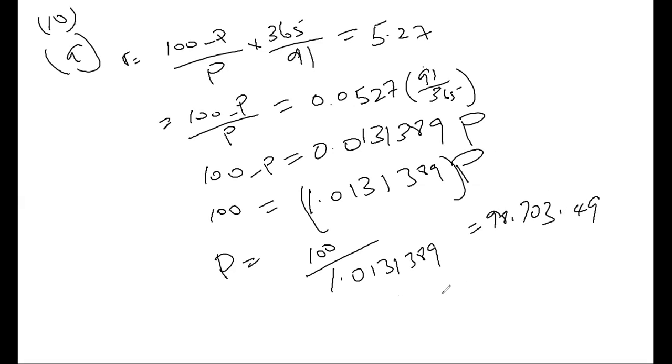A million treasury bills would cost 987,031.4, right?